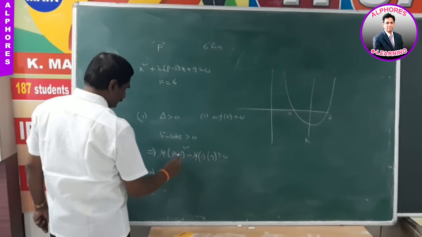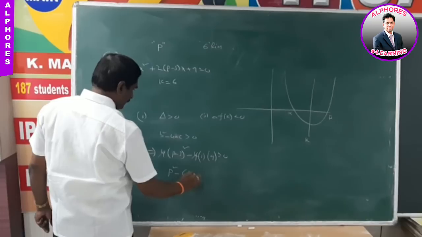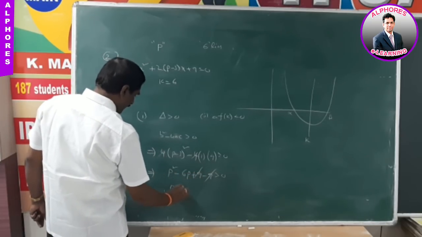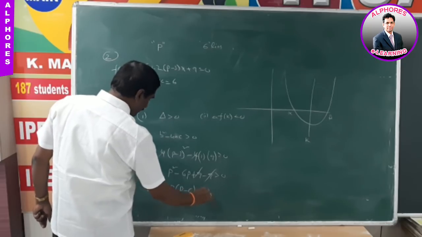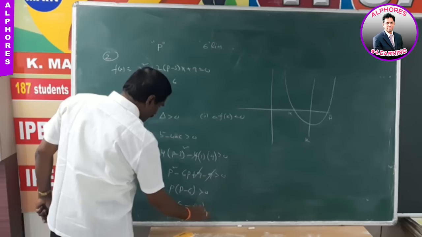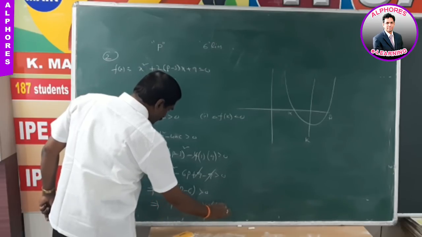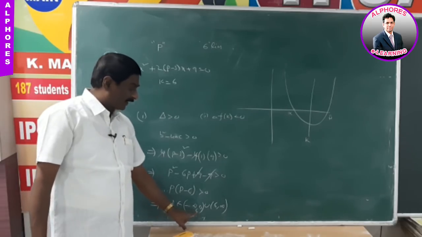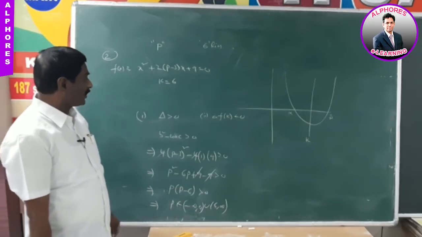P square minus 6p plus 9 minus 9 greater than 0. P is the common term, p into p minus 6 greater than 0. That means p belongs to minus infinity to 0 union 6 to infinity.